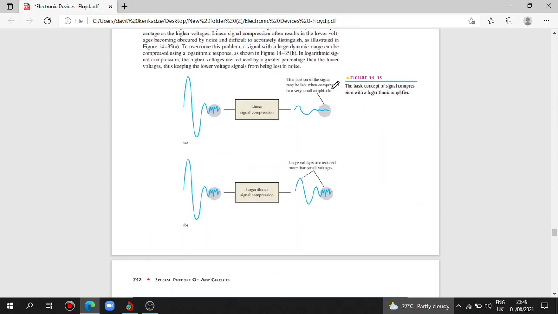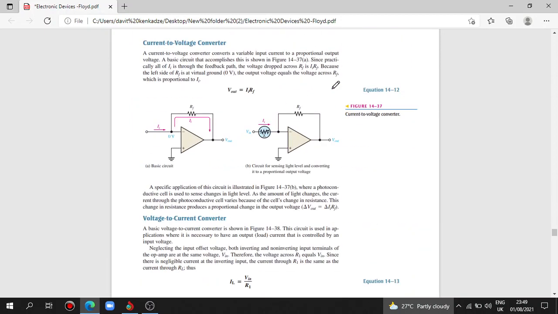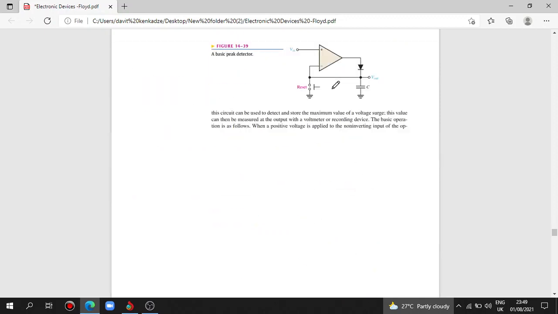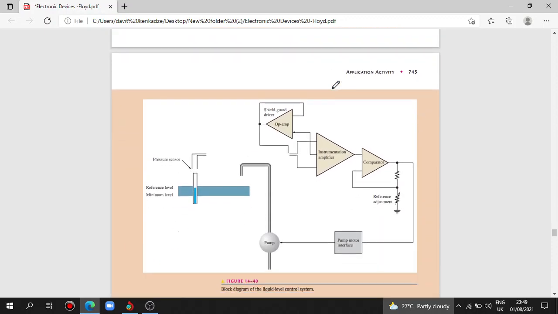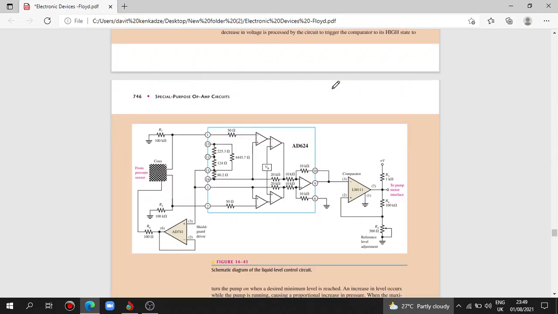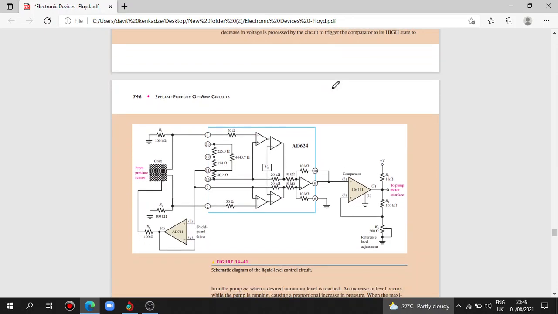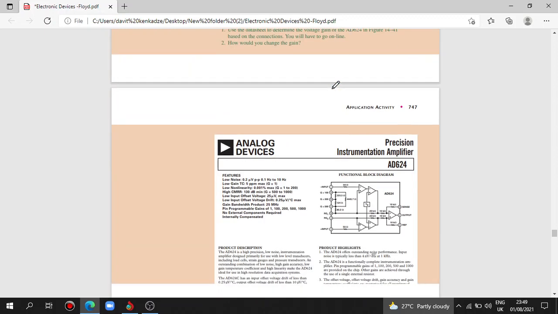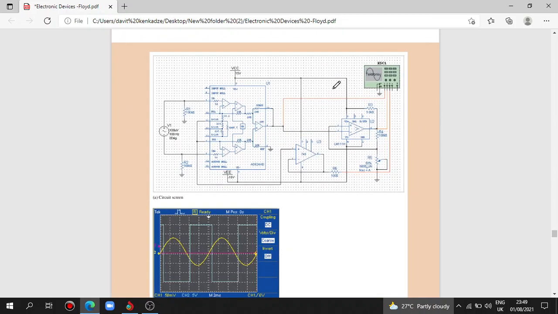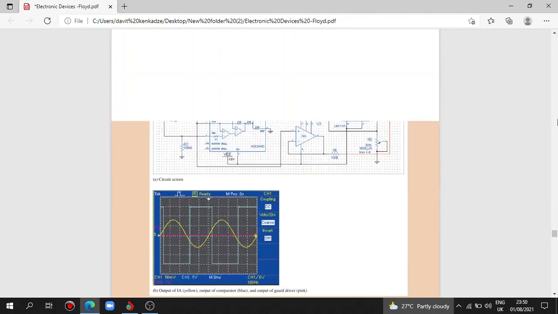How much is left? Converters. Why? let's continue.